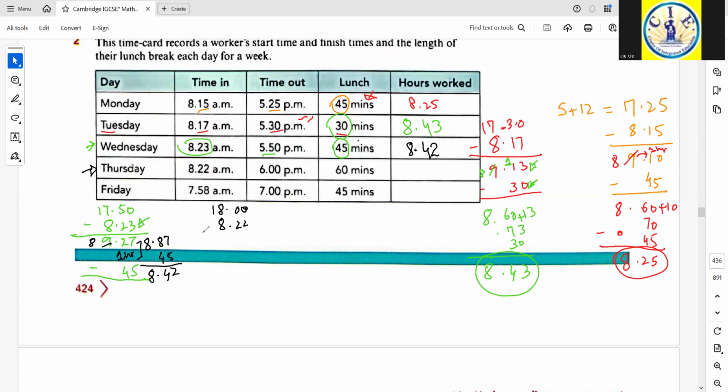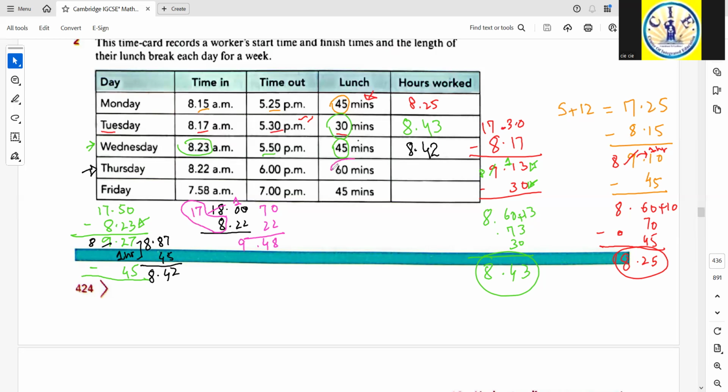When we are doing it, we need to give 1 hour carry over here, which will give us 70 minutes, and then 22 minutes from here. 48 minutes, and over here this is 8 being subtracted from 17, that is 9.